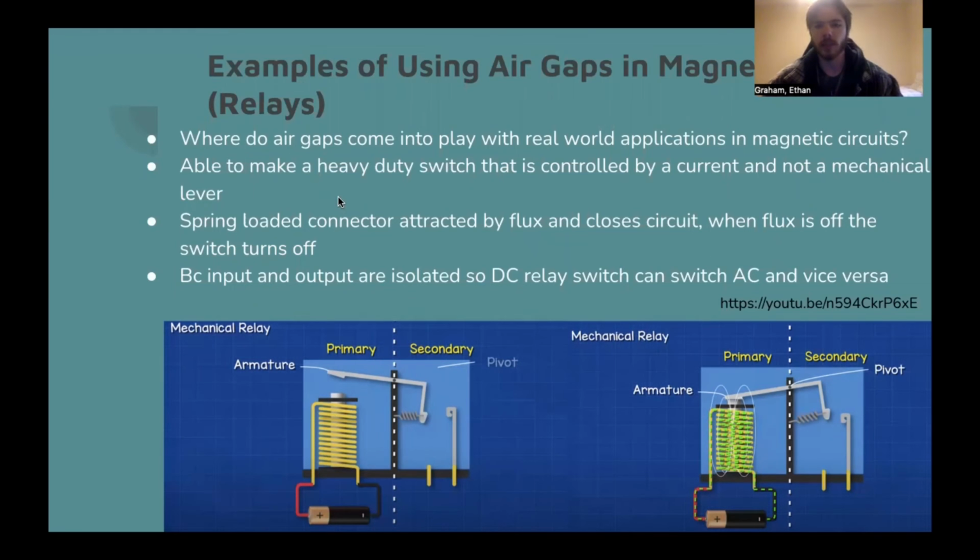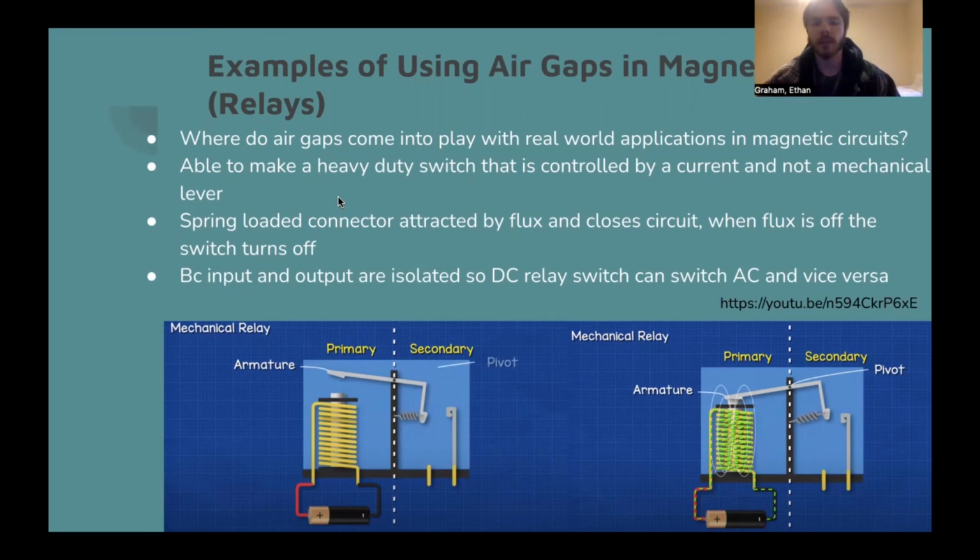You can see in the bottom photo here, there is a magnetic circuit with an induction coil wire along with an armature. The armature is above the magnetic coil. When there's current passing through the coil, it magnetically attracts the armature, which will push a connector to complete a different circuit system.